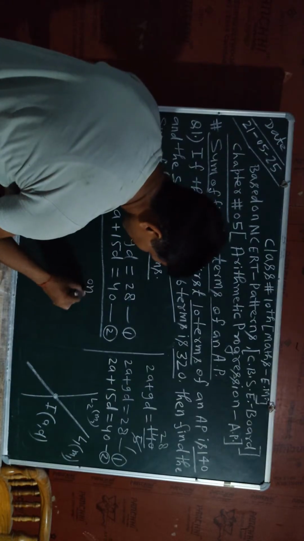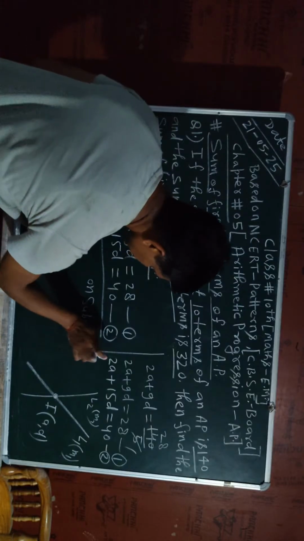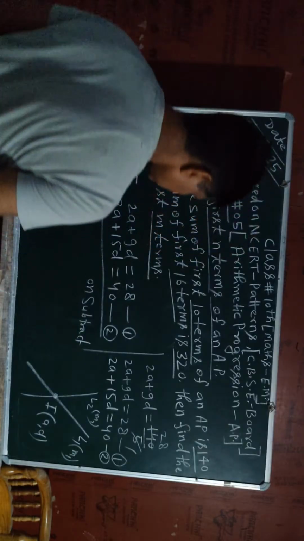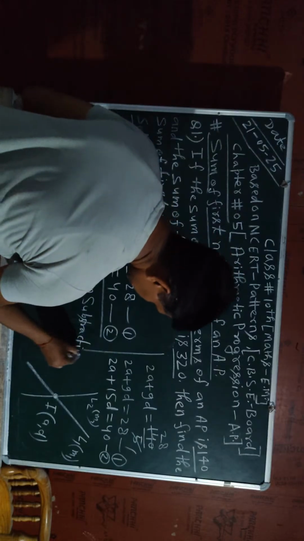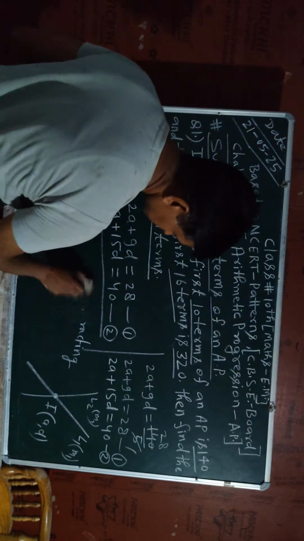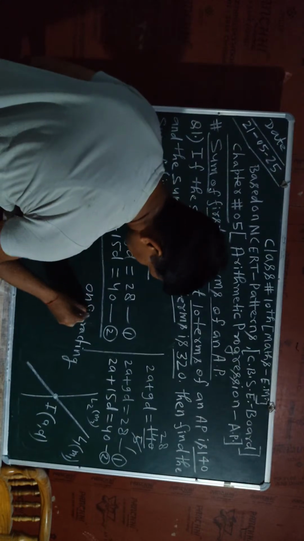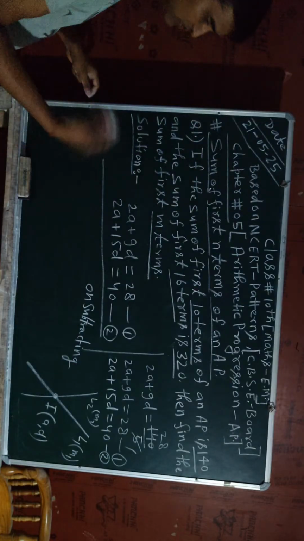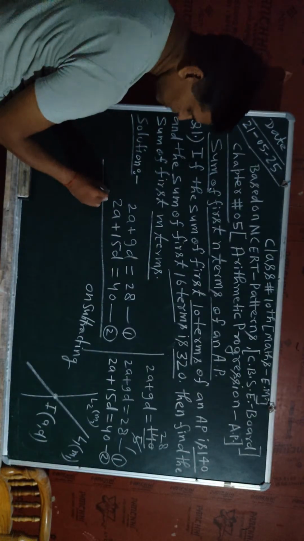So I will write here, subtracting equation 2 from equation 1. When I subtract, I will change its sign, because 2a has sign plus, so here I will put minus.